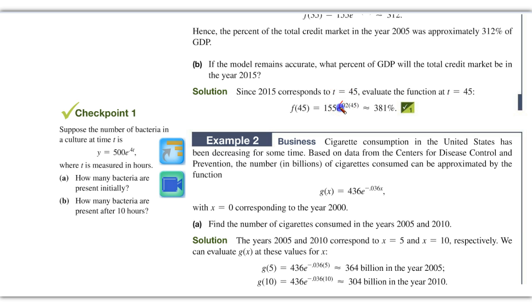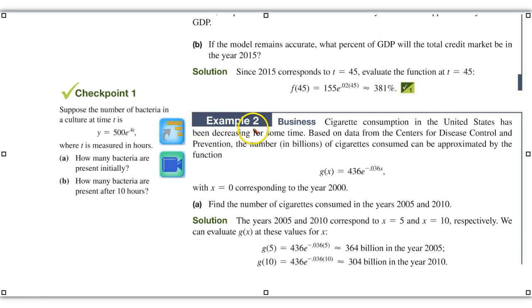And again, I would put this in parentheses. So you go in your calculator, 155, second function e, caret, and then put this in parentheses, and it gives you approximately 381% of GDP, gross domestic product.